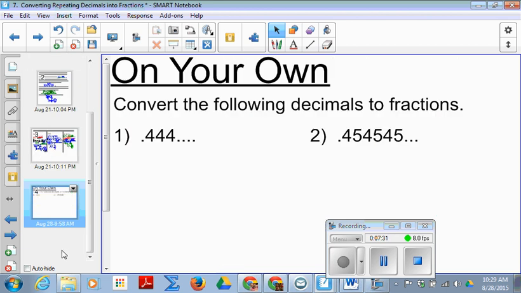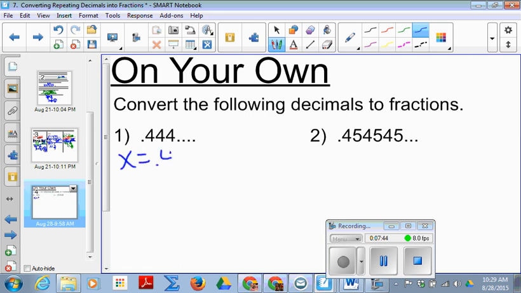So if you haven't tried on your own yet, go ahead and try these on your own. Pause the video and come back to them when you're done and see if your answers match mine. I'm going to start here with x equals 4/10 repeating. It's just one digit, so make the next line 10x equals 4.4444 repeating.